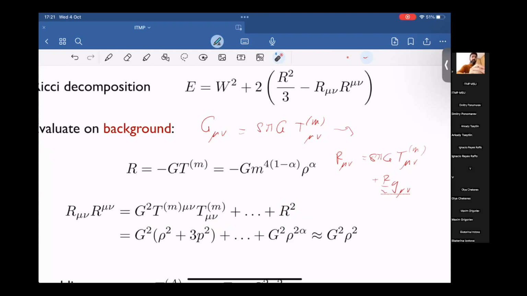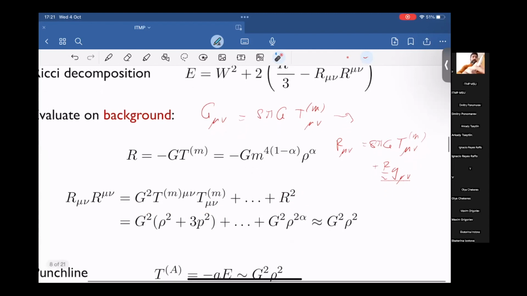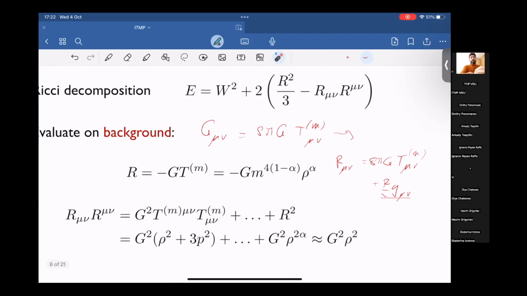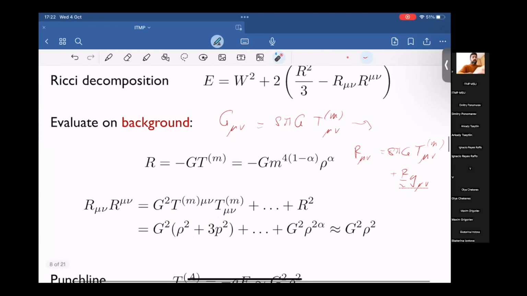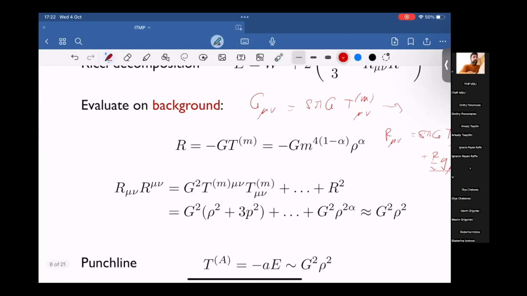The important thing here is that we can compare how these different contributions scale at high energies. Let's look at the first term, the square of the energy-momentum tensor. For simplicity, I'm just taking a perfect fluid, something that looks like this, with -ρ, p, p, p.